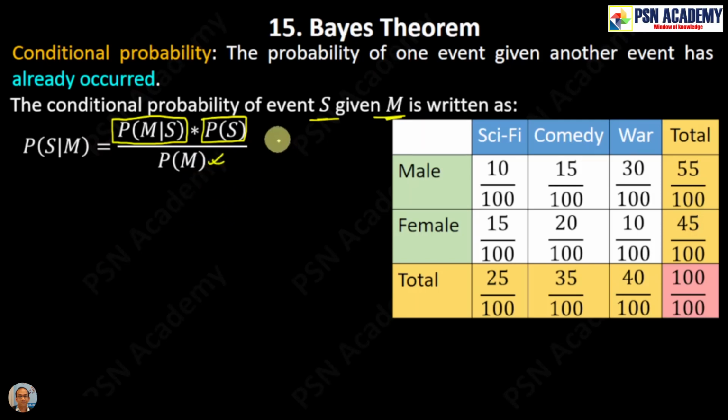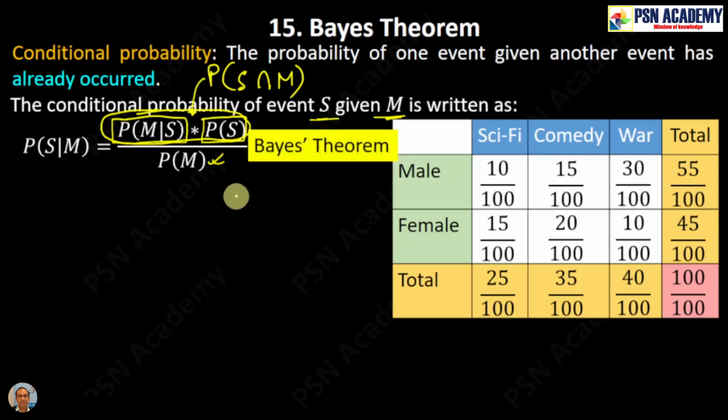So we replace this numerator, which was a joint probability of S intersection M, like this. So this has been replaced with this expression in the numerator. Now when you try to find out the conditional probability with the help of the reverse conditional probability, we call it Bayes' theorem.